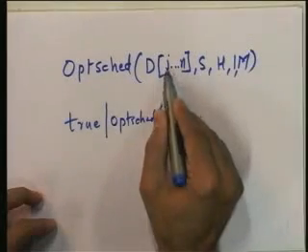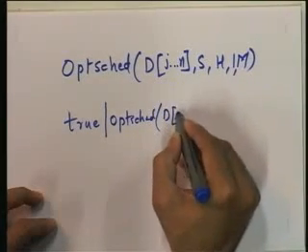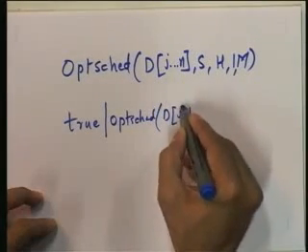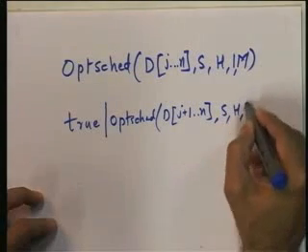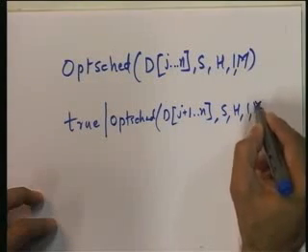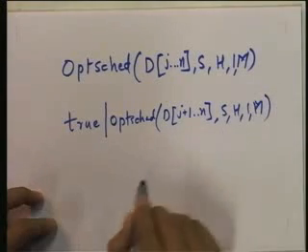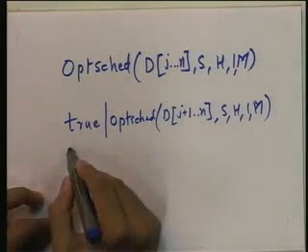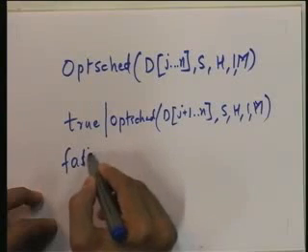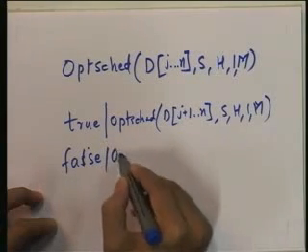So if I drop the first element, this will become d of j plus 1 through n, s, h, I, m. What about the other? This will become false, concatenated with opt schedule.